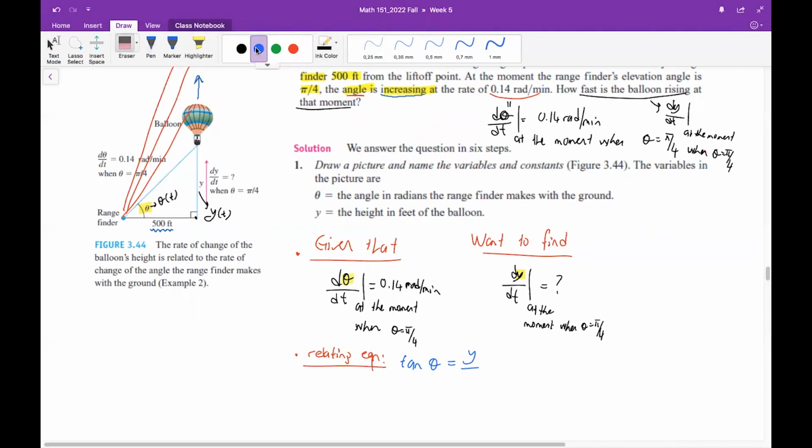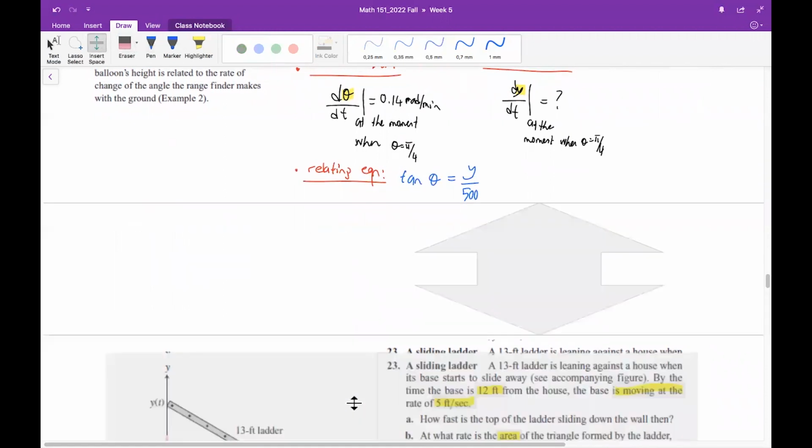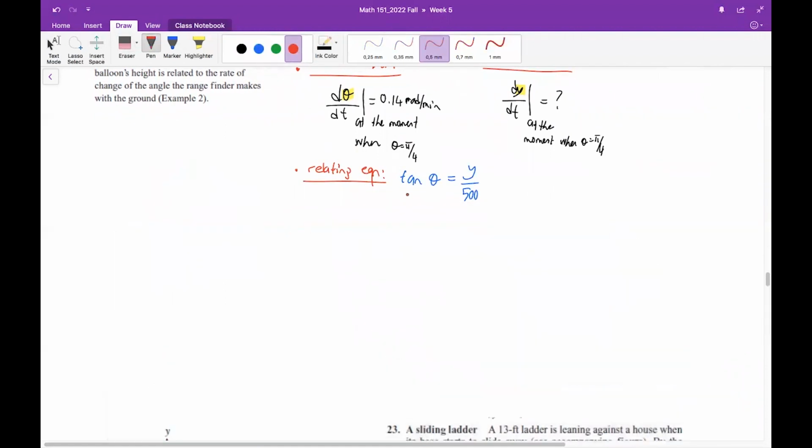And then after getting this relating equation, you can take the time derivative of both sides. This is the next step. Take d over dt of both sides. Okay, for the left-hand side, tangent theta depends on t. You will start differentiating from the outermost function. Okay, let me write.